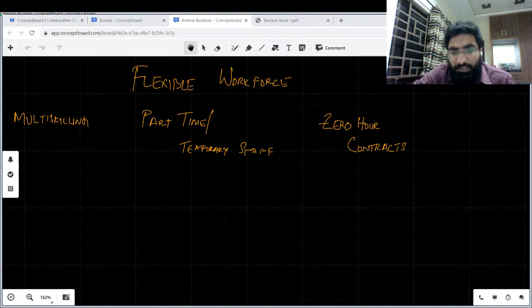The downsides would be that, first of all, part-time employees might feel that the work is not really important, or that they're there for a very short period of time anyhow, so they might not put in a lot of effort into their work.